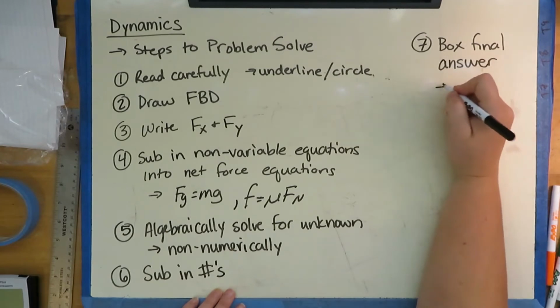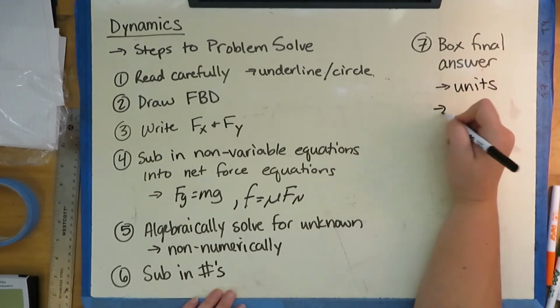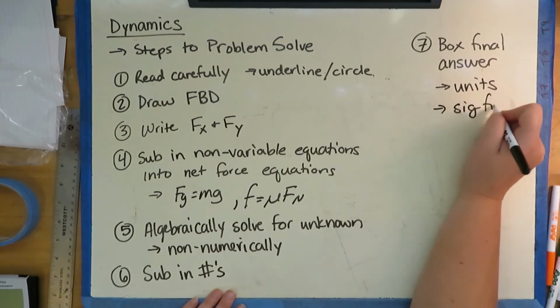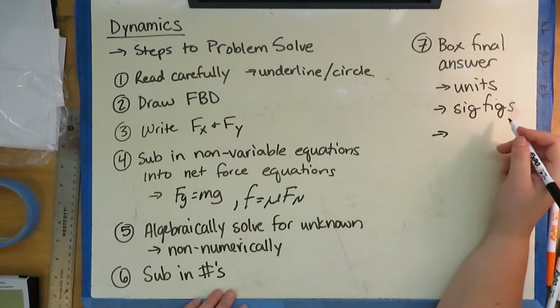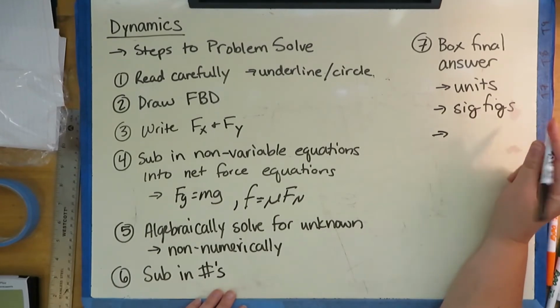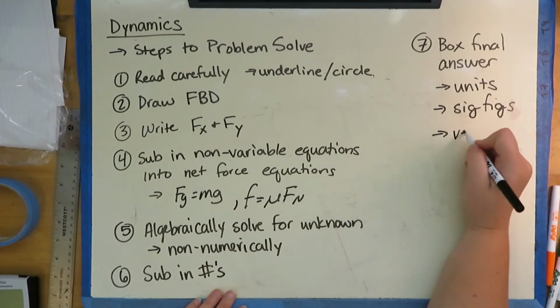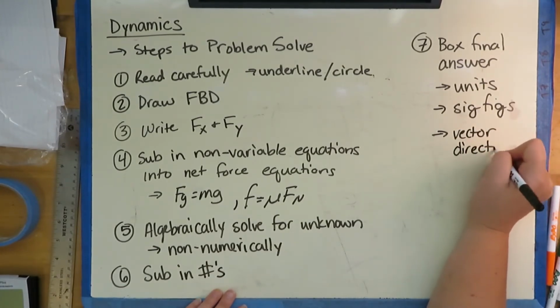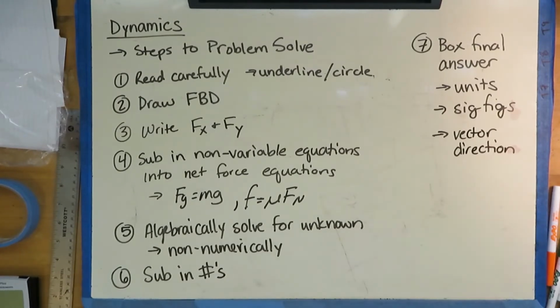You will check to make sure that that final answer has units, appropriate sig figs, 2 to 4, just do 3, and that it also has a vector direction if necessary. So if it's asking for the net force, that's a vector. If it's asking for the magnitude of the net force, that is a scalar. So you have to make sure that you check that with your answers.